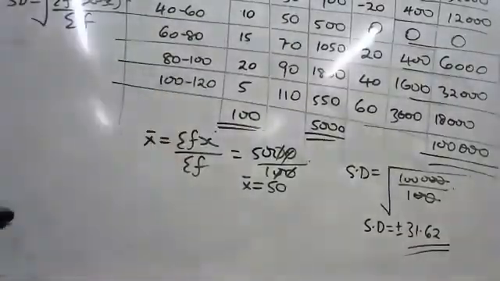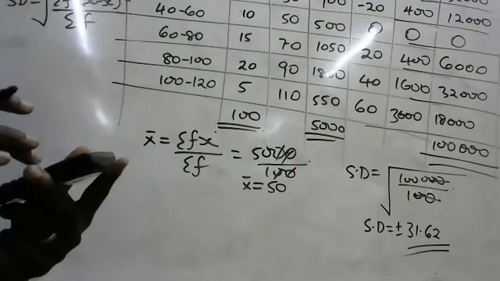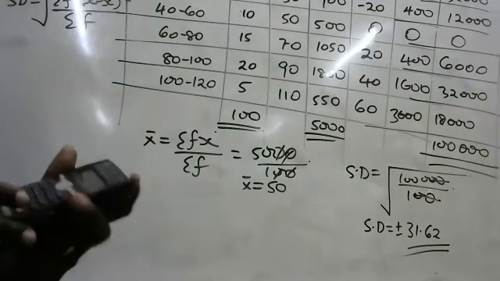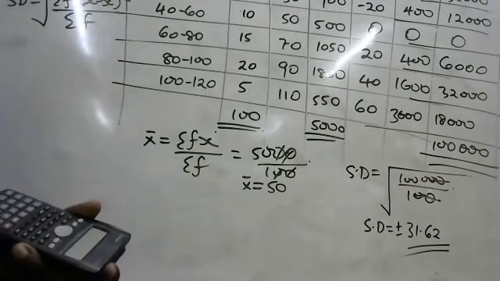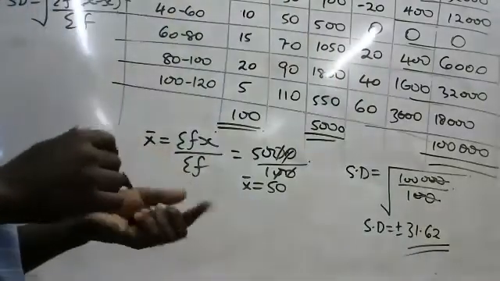You realize that it is giving us a figure of that nature, positive or negative, that's 1.60. And that is the end of getting the standard deviation.